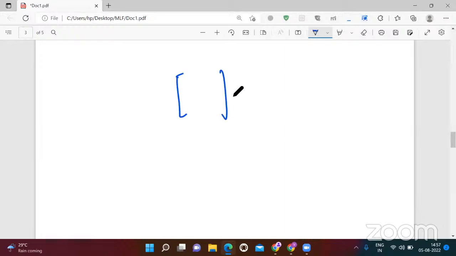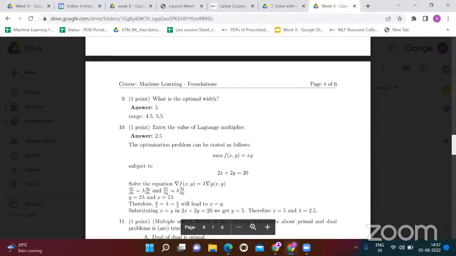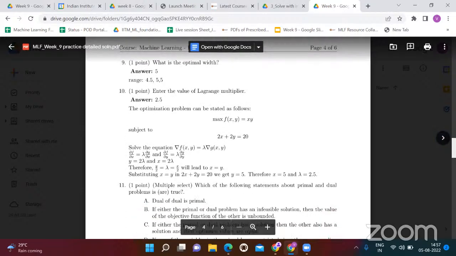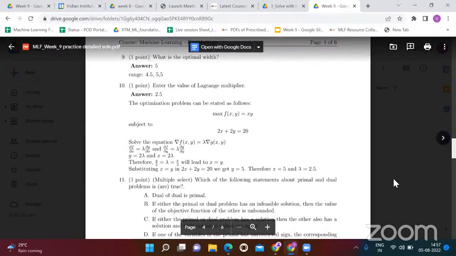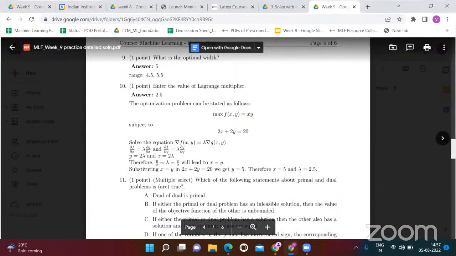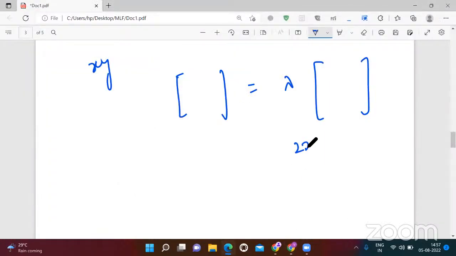So this comes to y, and this is x, right?